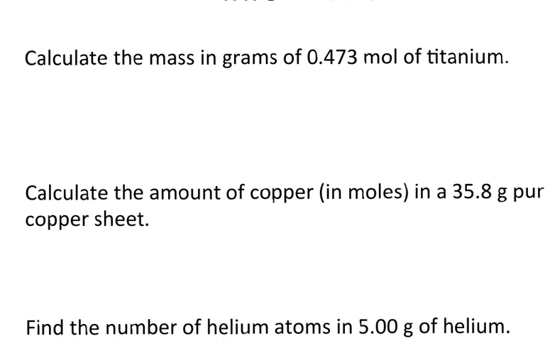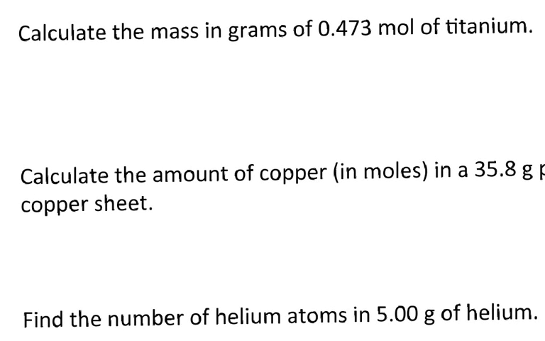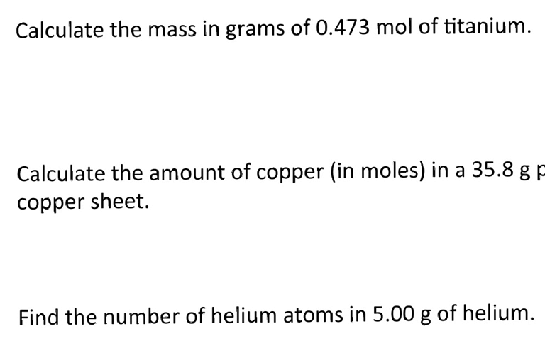The first one involves calculating the mass in grams of 0.473 moles of titanium. So you're given moles and you have to find mass in grams. So you can use molar mass as a conversion factor in order to figure this out. So you have to go to the periodic table, find titanium.